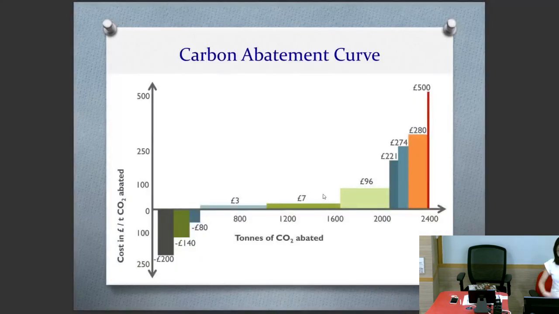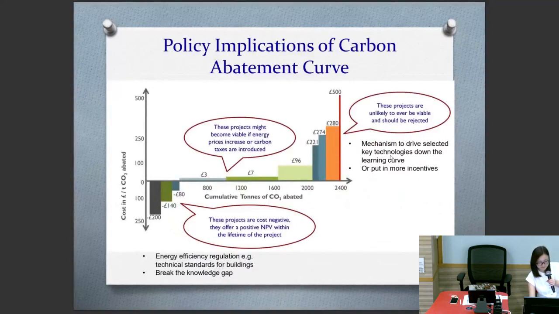Just another example: the unit cost of reducing carbon, and the x-axis is the annual carbon reduction. The cheapest or most cost-effective project will be on the left, and the most expensive will be on the right.